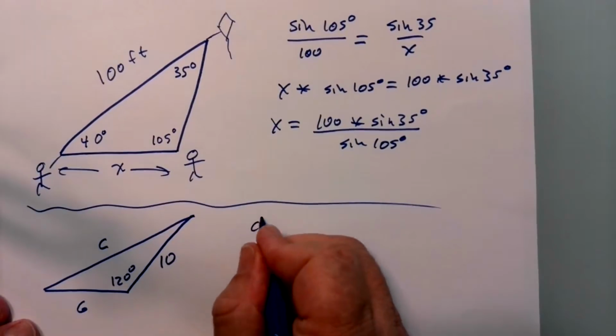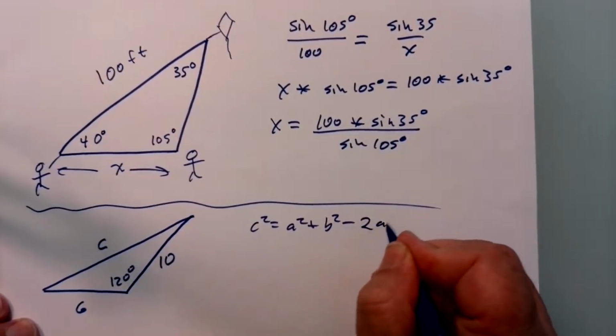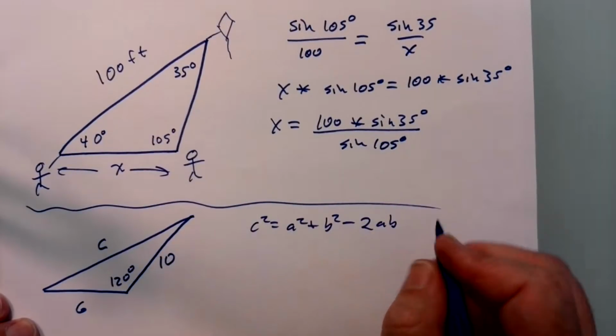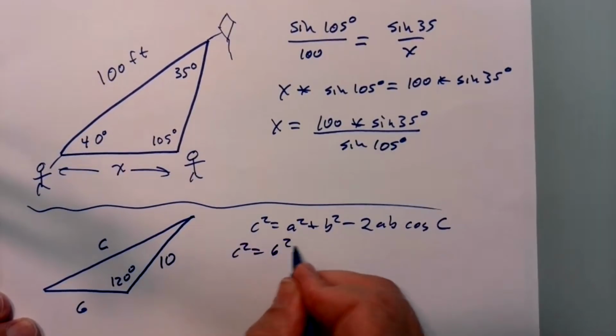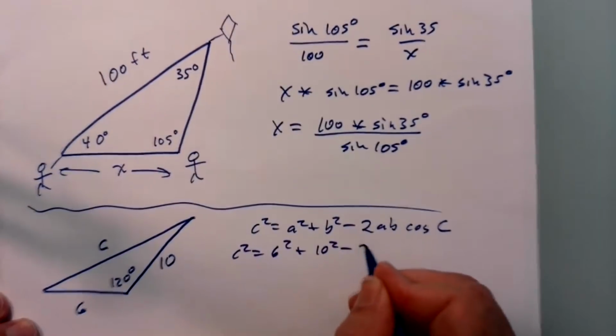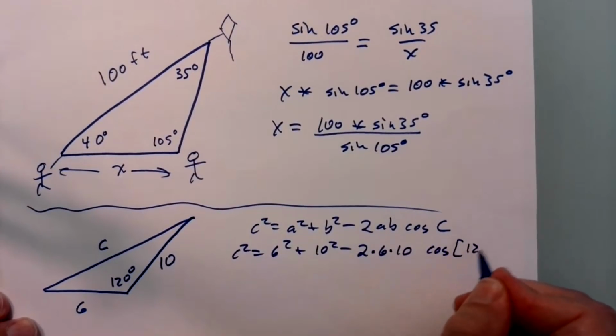So remember how that goes? That's c squared is a squared plus b squared minus 2ab cos C. So we get c squared is 6 squared plus 10 squared minus 2 times 6 times 10 times cosine 120 degrees.